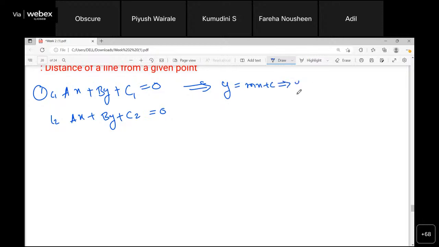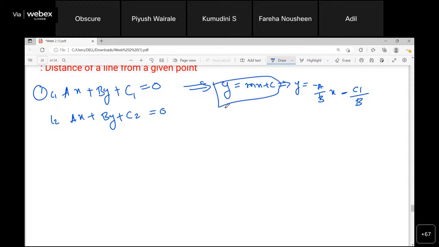That is basically y equals, dividing by b first, minus a by b x minus c1 by b. Are you getting it? I am just transforming this equation into the form y equals mx plus c, dividing by b throughout the equation.